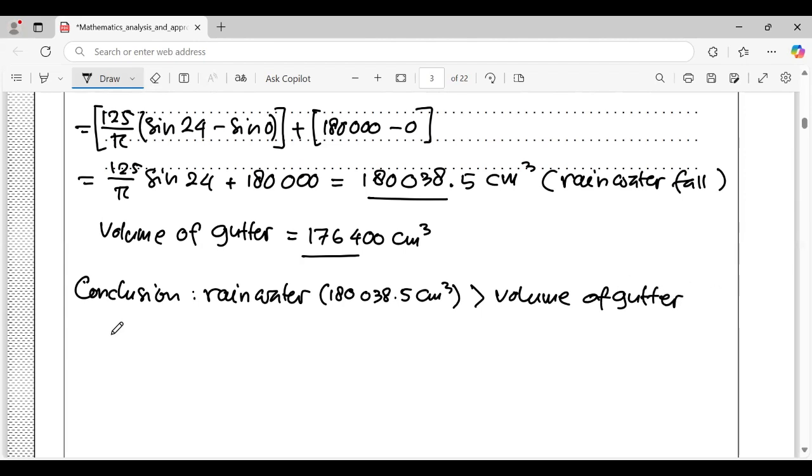This one. So the gutter, we can state that the gutter will overflow. This is the conclusion.